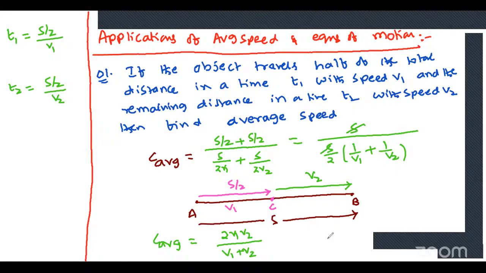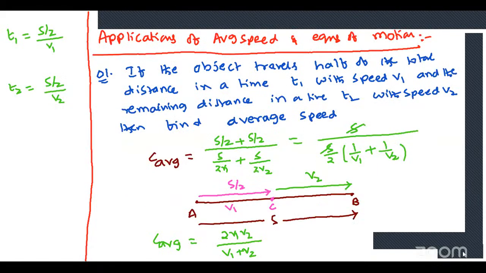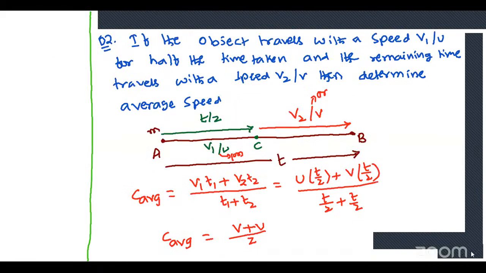Up to here, remember. Notes are also over. I'll share the notes. Tomorrow, these applications are there.